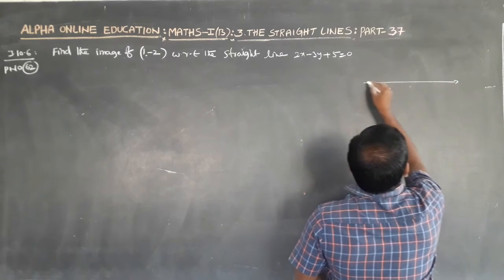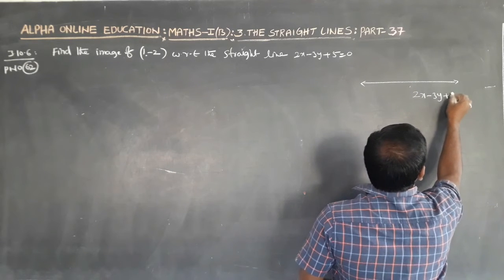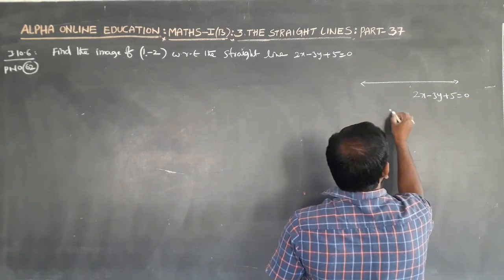This is the equation of the straight line, 2x minus 3y plus 5 is equal to 0.